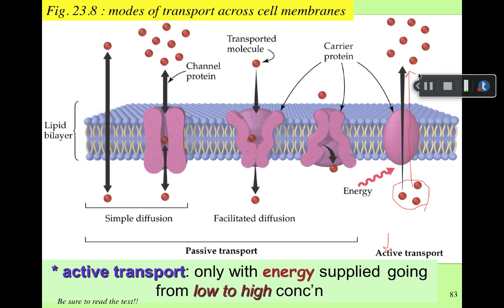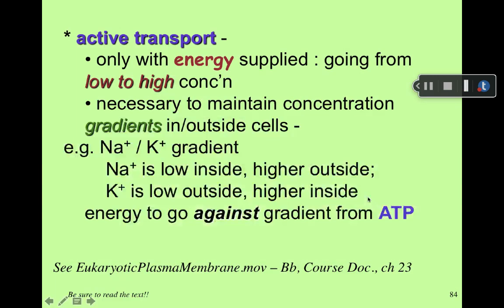It's like the sodium-potassium pump that I tried to describe briefly today, but it does require energy, and it ends up pushing things all one way across the membrane. There's another diagram for that in a minute. So only with the benefit of energy can active transport take place.